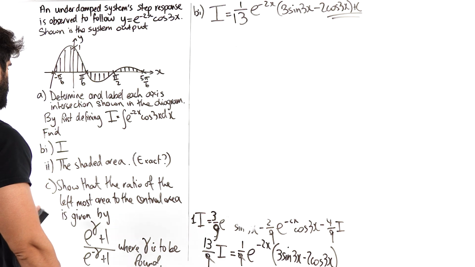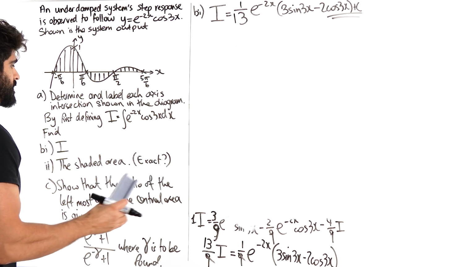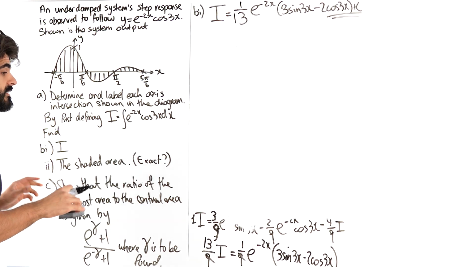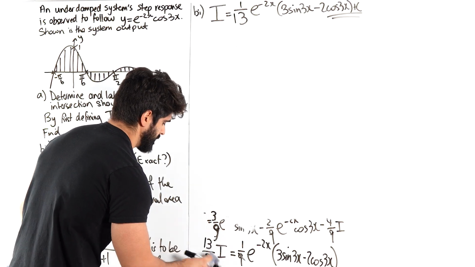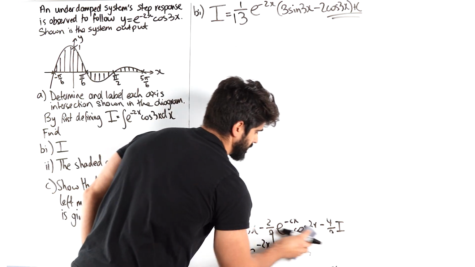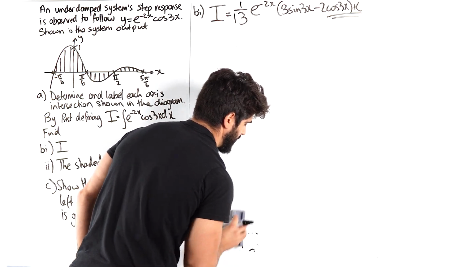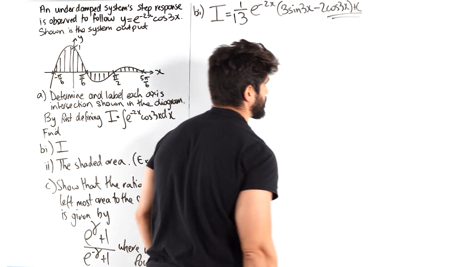Okay. Find the shaded area. Now, in the question that was sent to me, it didn't even say exact, so I'm assuming that they want me to do it exact. One thing's for sure, I am not writing that evaluation into square brackets 3 times because that is just crazy long.